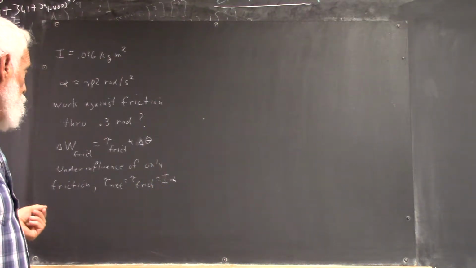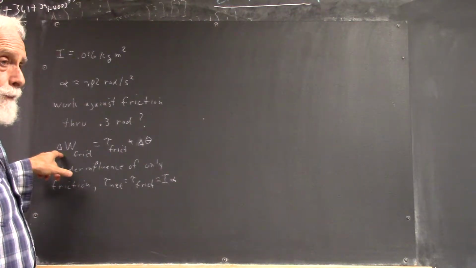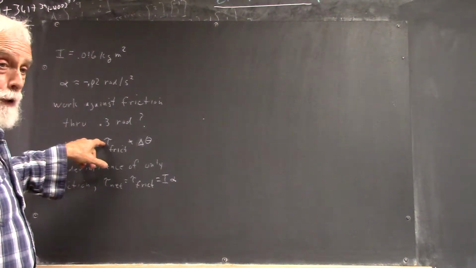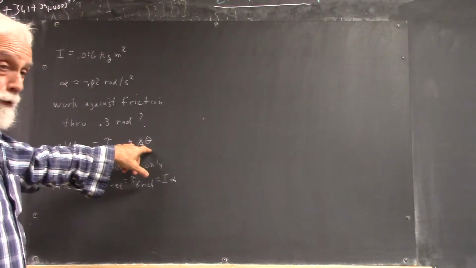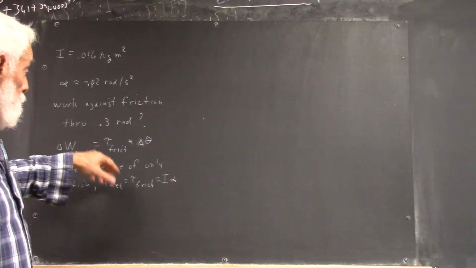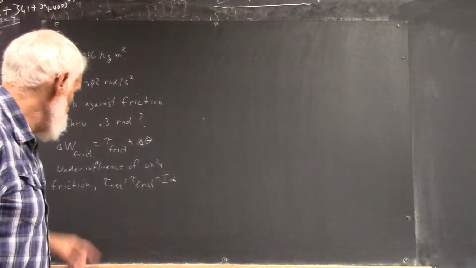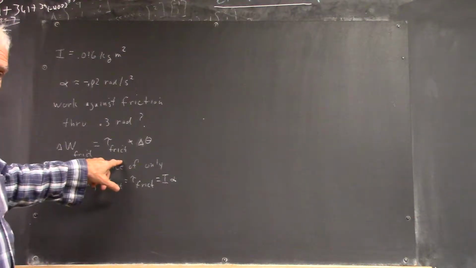Well, first of all, the work done by friction. Of course, work is equal to the product of torque and angular displacement, the work of any force. And the work of a net force would be tau net times delta theta, but the work of the frictional force is this.